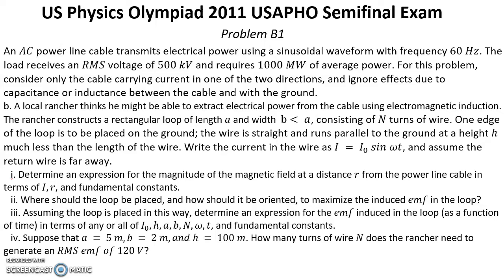Assuming the loop is placed in this way, determine an expression for the EMF induced in the loop as a function of time in terms of any or all of these parameters and the fundamental constants. 4. Suppose that A equals 5 meters, B equals 2 meters, and h equals 100 meters. How many turns of wire N does the rancher need to generate an RMS EMF of 120 volts?